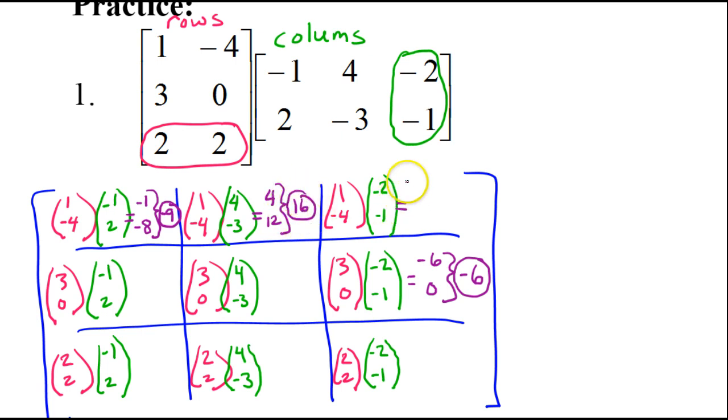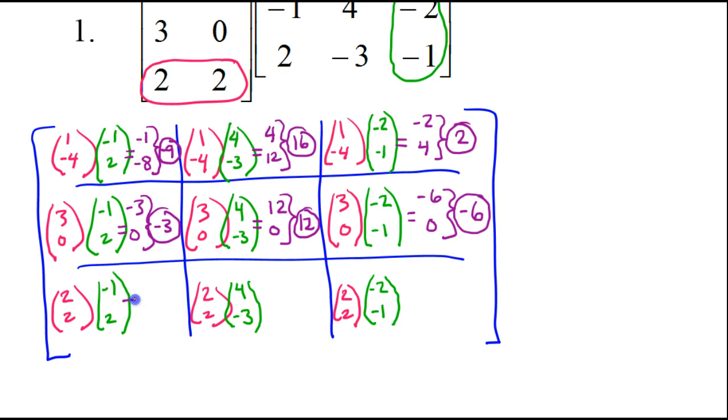If I multiply these, I'm going to get negative 2 and positive 4. Put them together, and I have 2. Multiply here, I've got negative 3 and 0. Put them together, that's negative 3. Multiplying these, I've got 12 and 0. Put them together, that's 12.